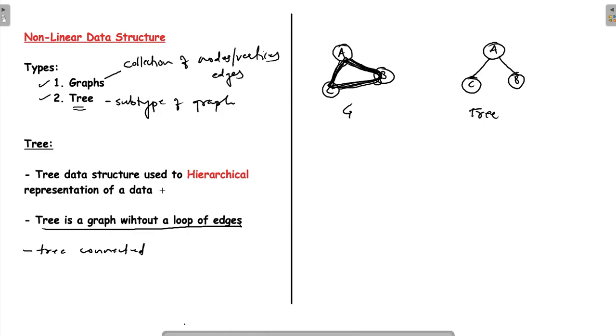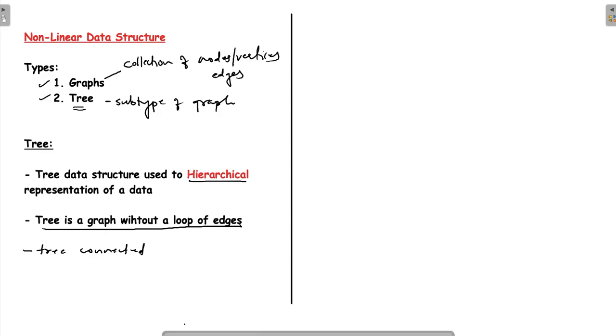A tree is a data structure used for hierarchical representation of your data. Now how do we represent data in a hierarchical way? Let us take an example. We all know the working of any organization. Let's say we are taking an educational organization.